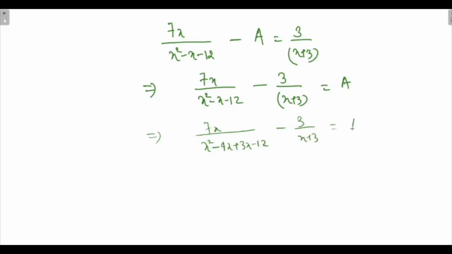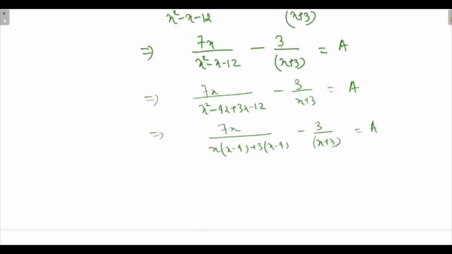Okay, so I'm factorizing it, and this becomes 7x divided by, I take x common, then it becomes x minus 4, and I take 3 common, then it becomes x minus 4, then x plus 3, will be equal to a. Many times you will not be able to factorize, but here I was able to see that it will be factorized. This will be x plus 3 into x minus 4 and minus 3 upon x plus 3.